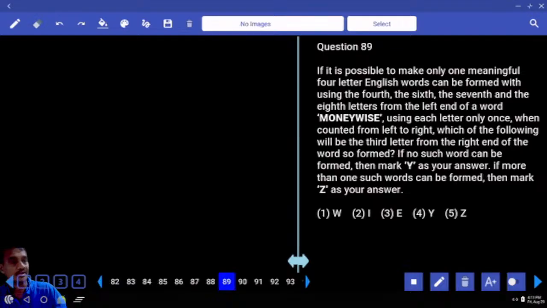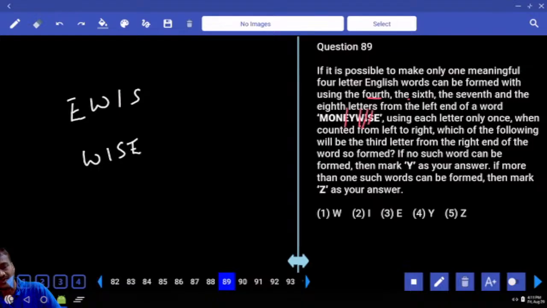Now EWIS. What is the word that can be formed? Wise. Then which of the following will be third from the right? Third from the right is I, choice.